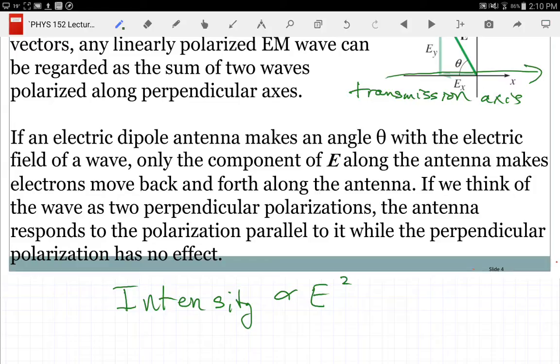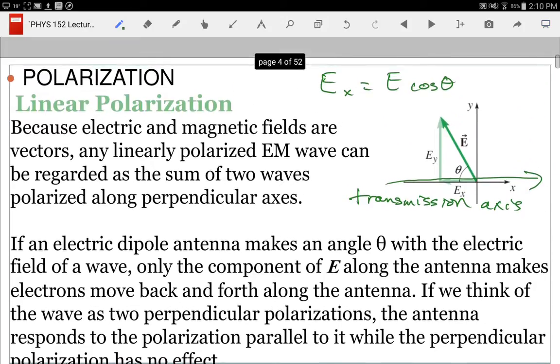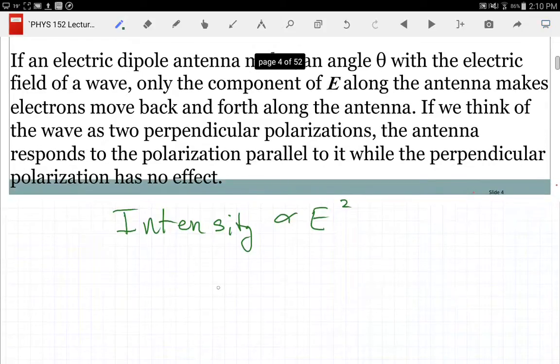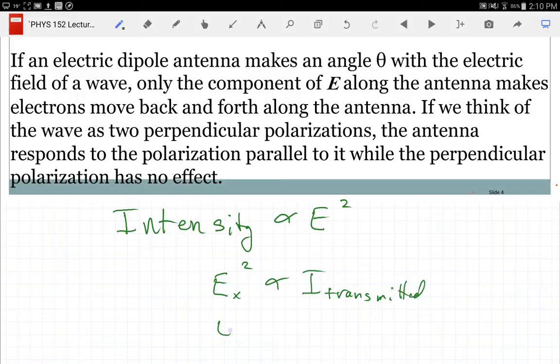So that means that if I square the equation I have at the top, the electric field that's allowed through is proportional to the intensity that's allowed through, and the electric field that I started with is proportional to the intensity I started with.